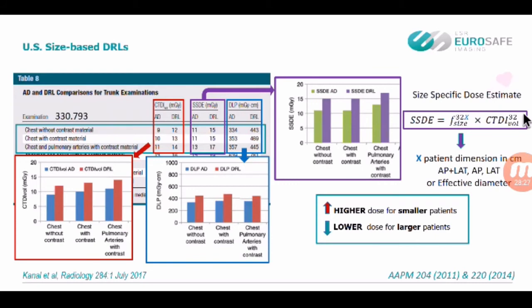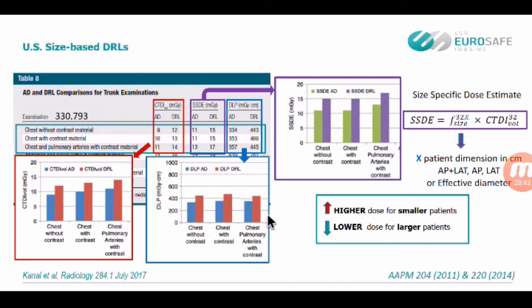You see, CTDIvol is multiplied by these correction factors. And we can see just in this slide that the SSDE mean value is higher than the CTDIvol.